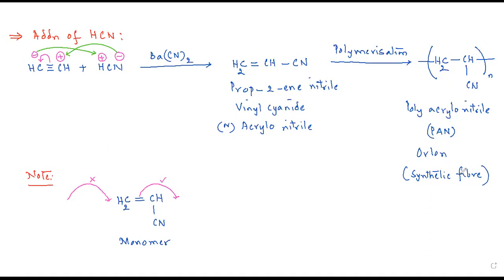Okay. So this is how a polymer is made. The monomer is vinyl cyanide and the polymer is polyvinyl cyanide, or you can say polyacrylonitrile. These are all very simple.